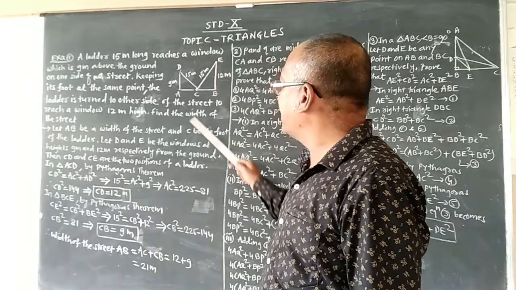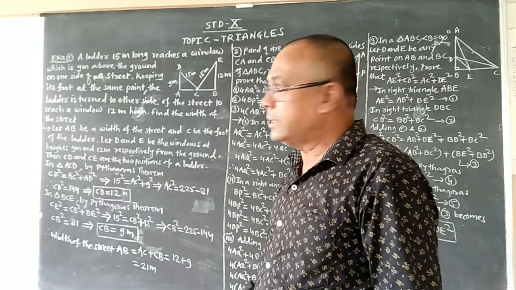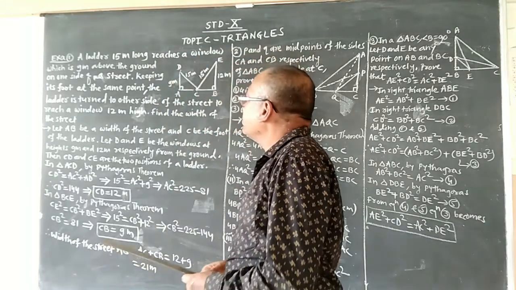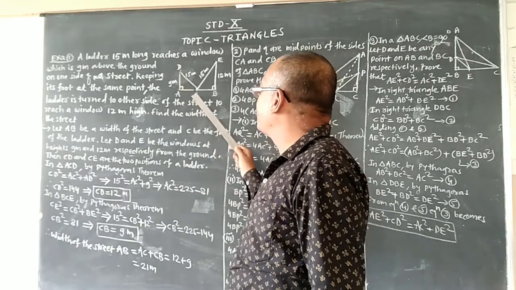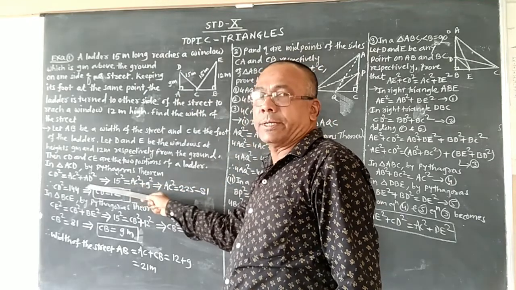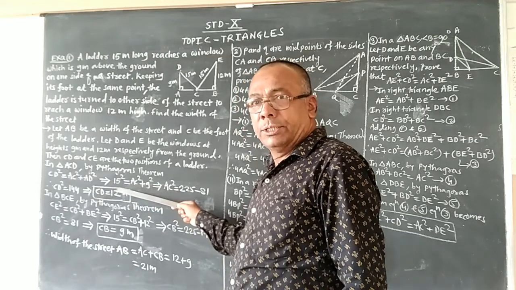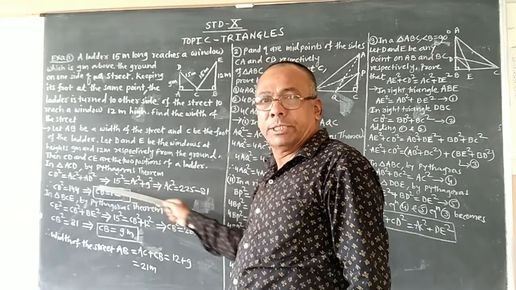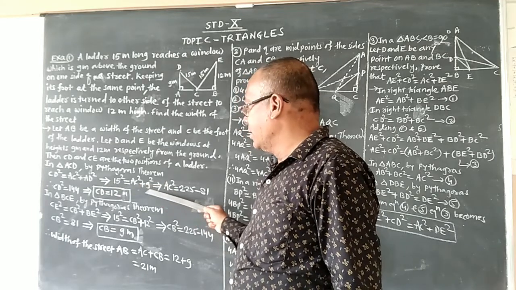First of all we will consider the triangle ACD. Triangle ACD is a right angle triangle because this angle is a right angle. By Pythagoras theorem we can write CD square is equal to AC square plus AD square. Here CD is 15, so 15 square is equal to AC square, as we don't know the length of AC, plus AD is 9, so 9 square.